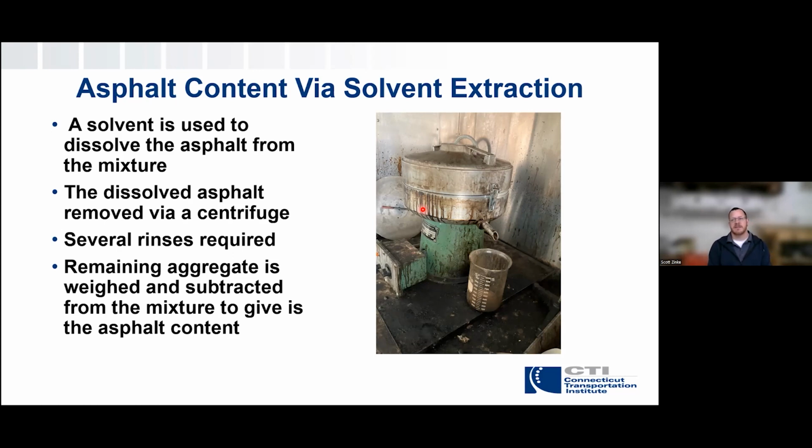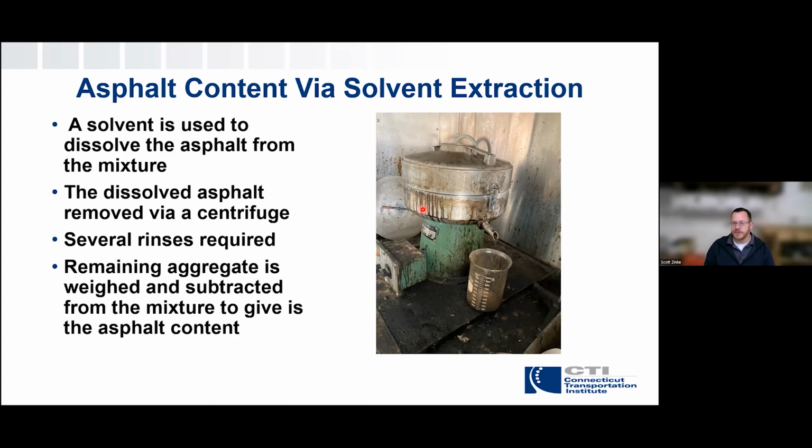There's another method that is an older method. Before ignition ovens ever came out, what we used to do was use a solvent. Some of these solvents were pretty nasty, but it had to be something that asphalt was actually soluble in. So this test was designed around the use of a solvent called trichloroethylene. And so what we would do is soak the mixture in this trichloroethylene, and that solvent would dissolve the asphalt.